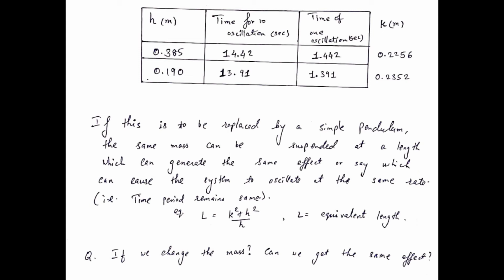I will perform this experiment for another value of h, that is 0.190, and the time period for 10 oscillations obtained is 13.91. So the time period for one oscillation is 1.391, and again we have obtained the value of k. You see there is a difference between the obtained values of k for two different h, it is 0.2256 and 0.2352.